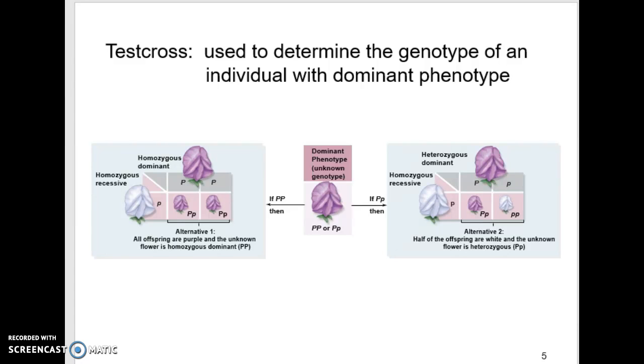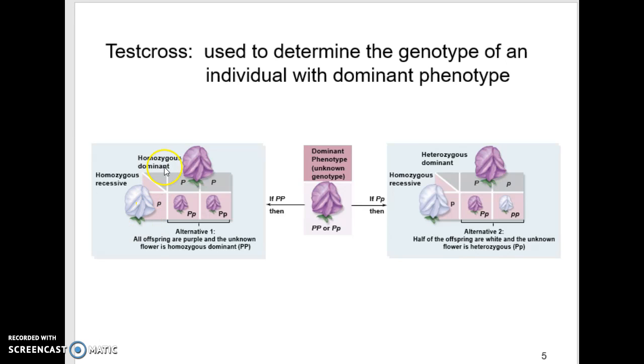So the way we would do a test cross, you take your purple parent and you say, you know, they could be this homozygous big P or heterozygous big P little p. And we're going to breed them with a recessive individual, the white individual. Now we know white, because it's recessive, always is expressed with two little p's, two recessive alleles to express that recessive trait.